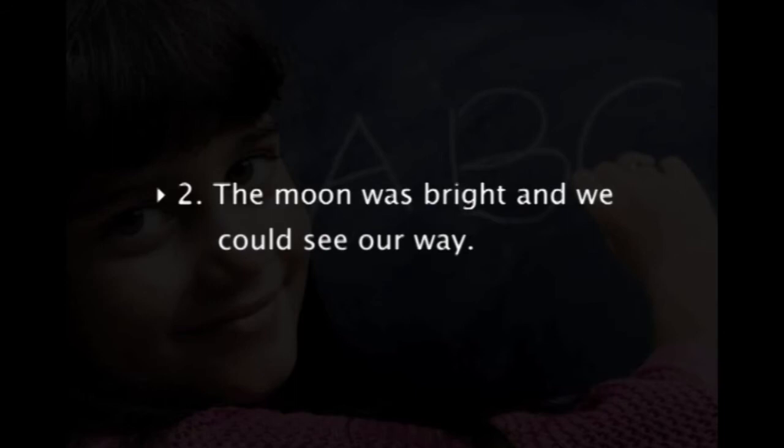Now, if you look at sentence 2, it consists of two parts. Part 1, the moon was bright, and part 2, we could see our way. These two parts are joined by the coordinating conjunction, and each part contains a subject and a predicate of its own. Each part is what we call a clause.